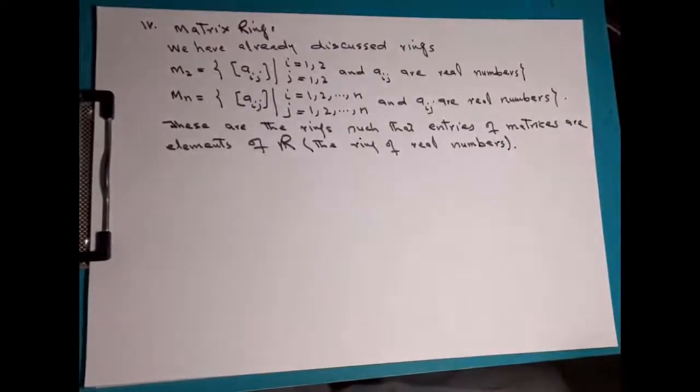In fact, we can consider square matrices with entries from any ring with identity, because you need an identity matrix in order to have an identity in that ring.